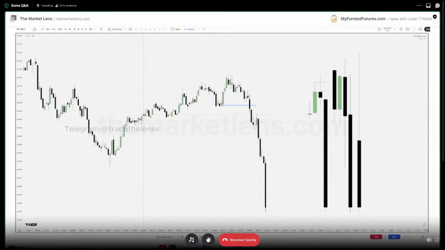On our 30-minute, once it loads, we have this candle 3 closure because we don't close back inside the previous, but then we come back down. I don't know if it's going to load.